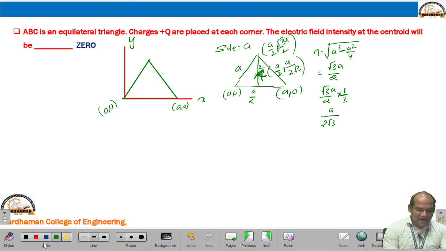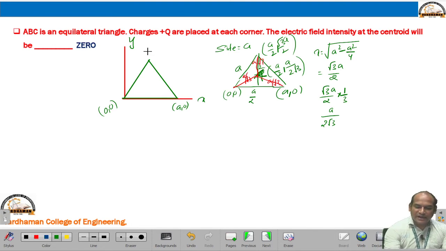But another property is there for the centroid, that is from the vertex to the centroid the length is equal to side length by root 3, that means A by root 3, you can check that one. Okay, so this is the situation now.